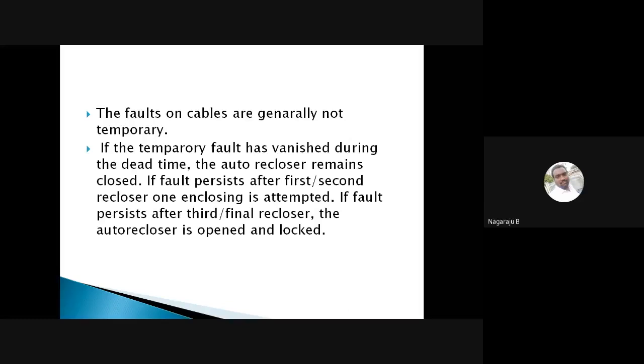The maximum amount of fault current available is always an important consideration in the application of the line recloser.